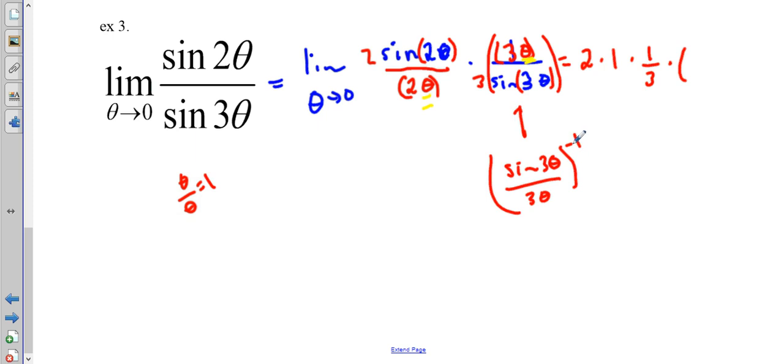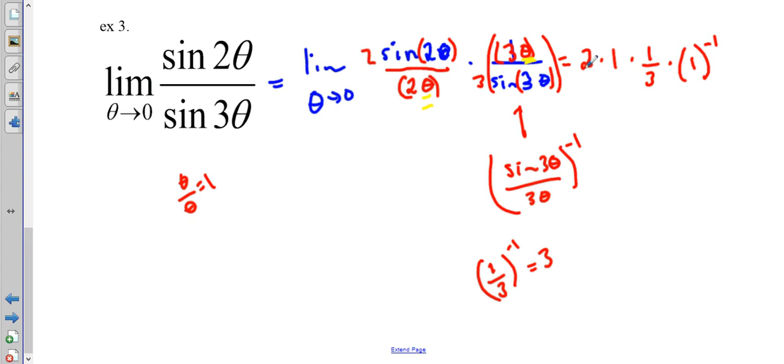What does negative first mean? That means reciprocal, because 1 over 3 to the negative first equals 3. So this is basically a reciprocal. Essentially, these are the same thing. We know the power property: I can find this limit, which is 1, and take that to the negative first power, and the reciprocal of 1 is 1.